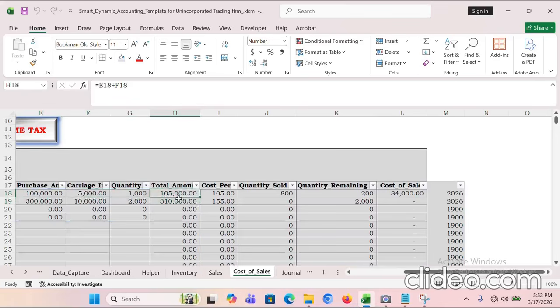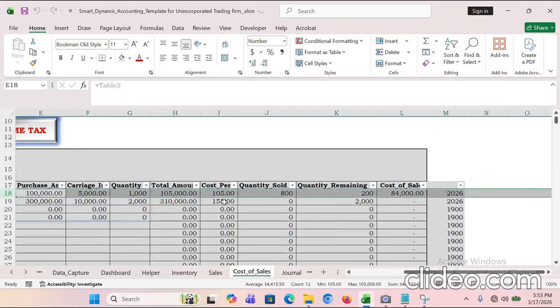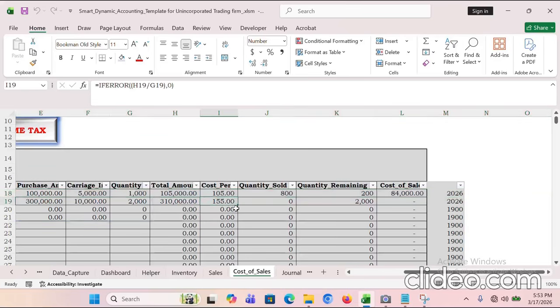So for the first purchase, it cost us 105,000, and for the second one, 310,000. So the unit cost will now be this total amount divided by the quantity. So 105,000 divided by 1,000 gives us this 105. In other words, for this batch, the cost of sales will be 105 per unit, whereas for the second one it is 155 per unit.